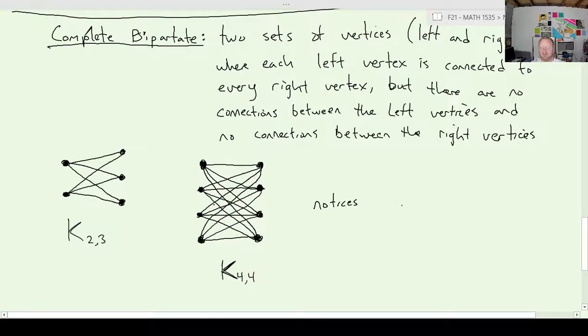So you can notice the vertices, the numbers in the subscripts.